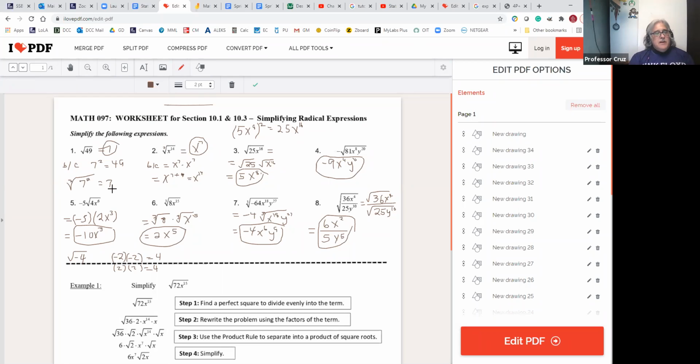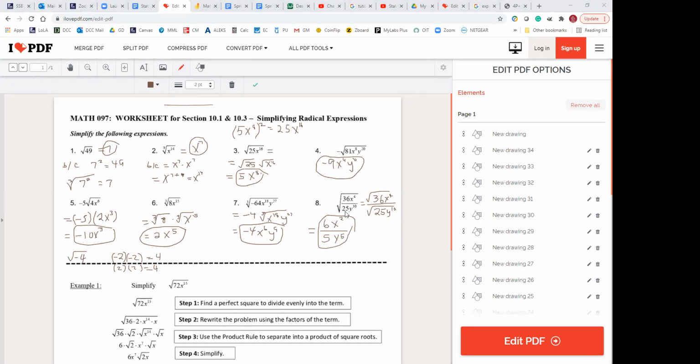Rational numbers were essentially the topic of the last chapter, meaning that it can be expressed as a fraction, like 7 over 1, x to the 7th over 1, and so forth. Even this one gets expressed as a fraction. But an irrational number is one that cannot be expressed as a fraction.